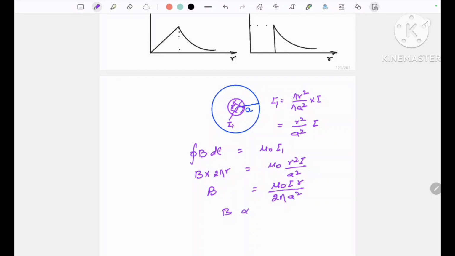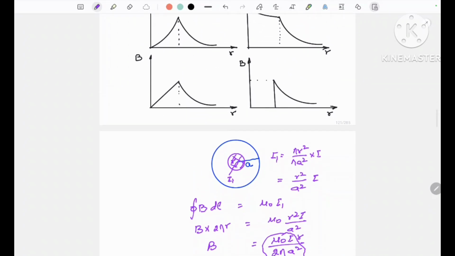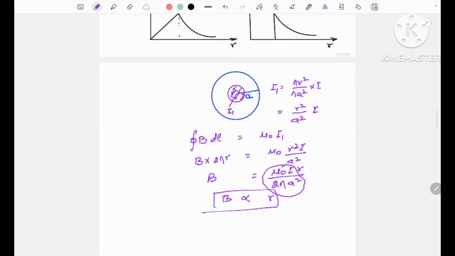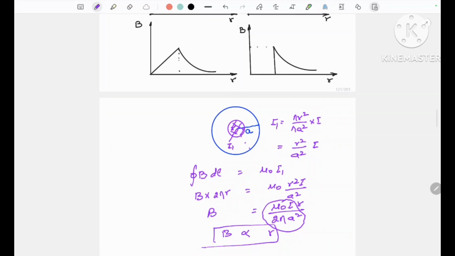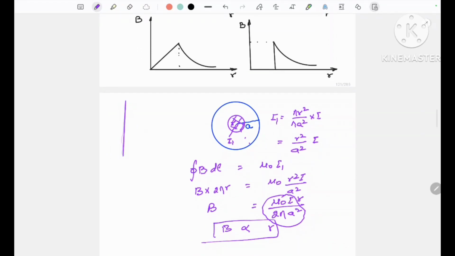So B is directly proportional to R. बाकी everything is constant. So this will be a straight line up to A. A तक जिस तरह से होगा, अगर ये R है, दिस इज B, तो A पॉइंट तक दिस विल बी ए स्ट्रेट लाइन.